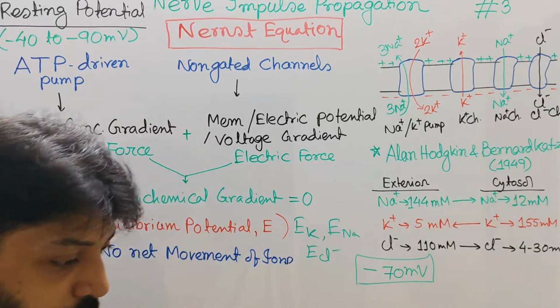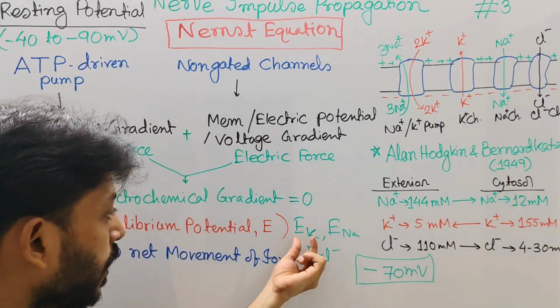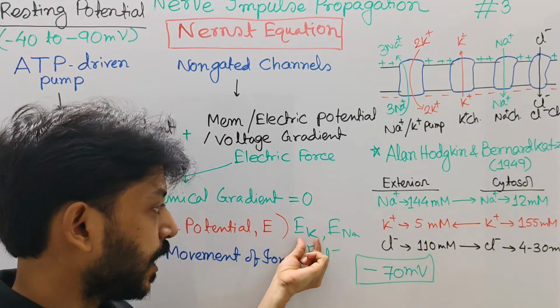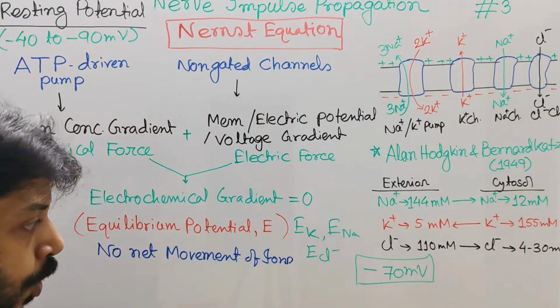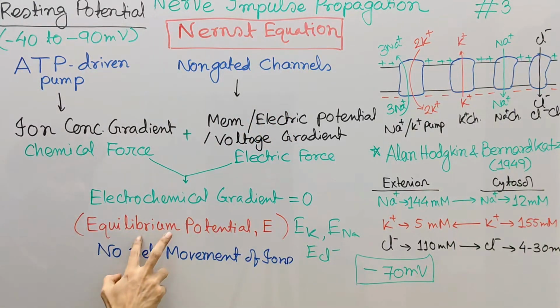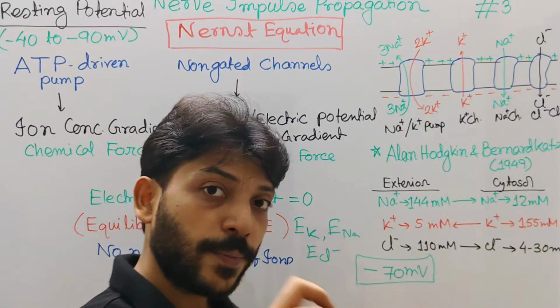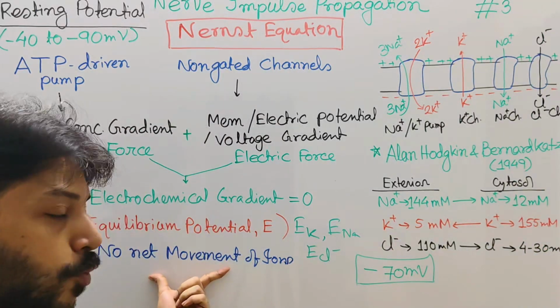Now there is an equation by which we can validate the value of this equilibrium potential, called the Nernst equation. Through the Nernst equation, we can derive the equilibrium potential. That means the membrane potential at which there is no net movement.